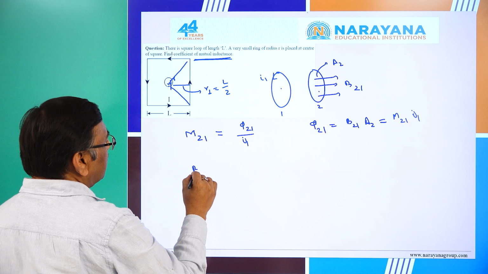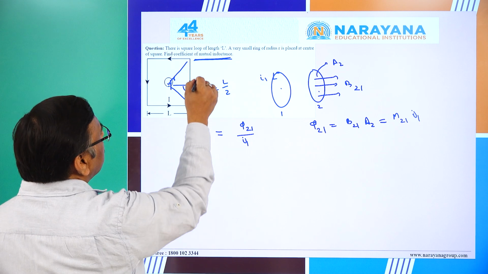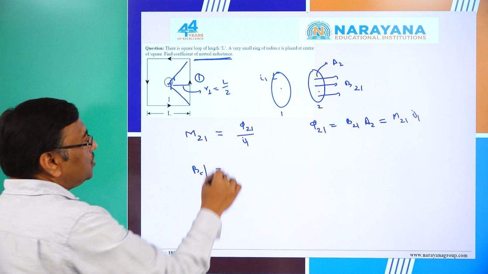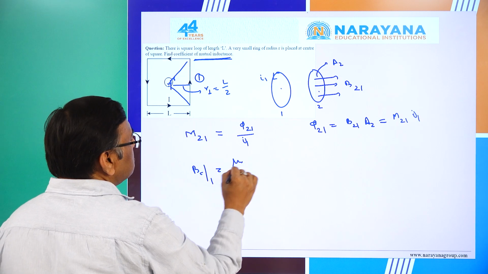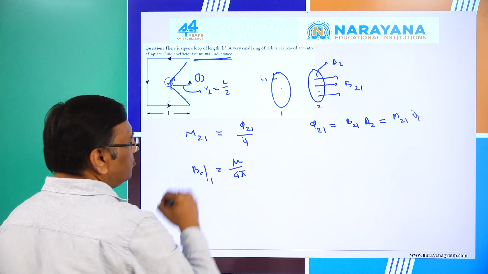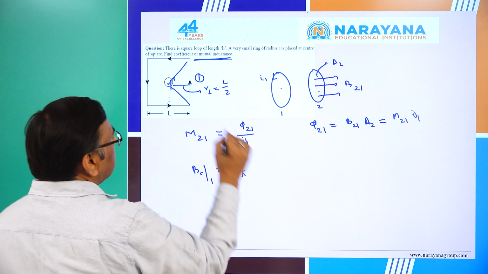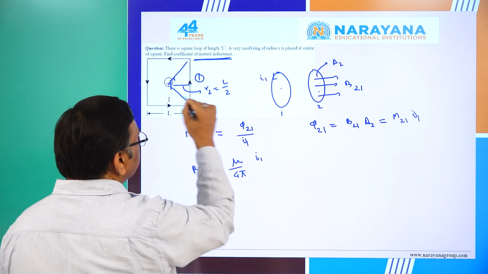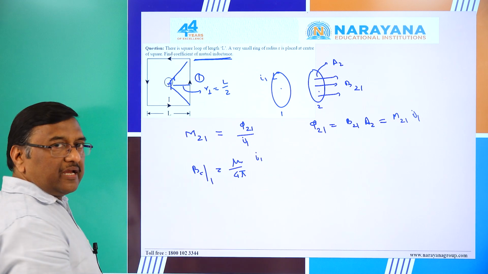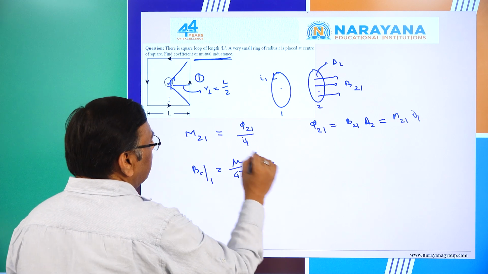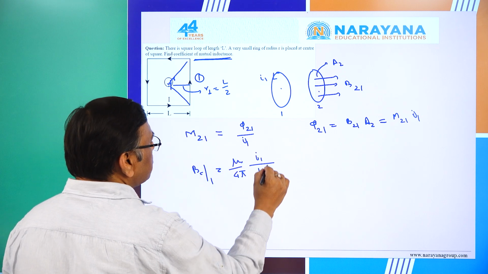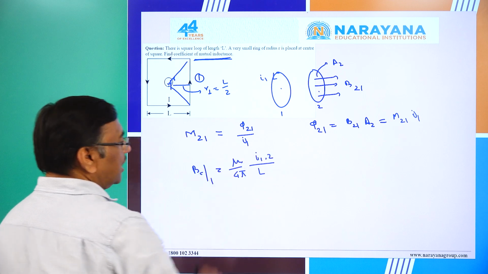So B at the center due to wire number 1 is going to be, again, mu 0 upon 4 pi I, the current in this coil, call it I1, because of this we are trying to find the mutual inductance of the second coil. So I1 divided by the perpendicular distance. Perpendicular distance here is going to be L by 2. So I write L by 2 in this way.